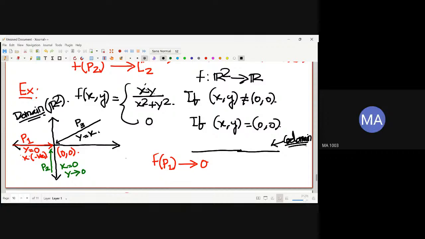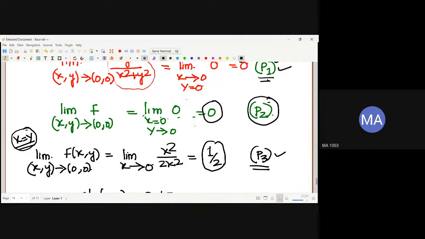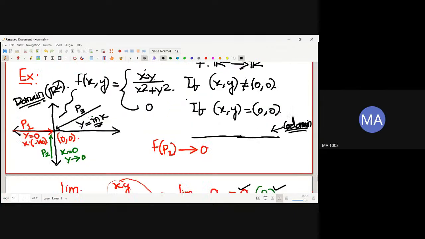By taking this approach, we will actually be checking all the lines, right? All the lines, yes. But as I said, lines are not the only paths through which you can come to 0, 0. You can also take this path, and this is not a line.